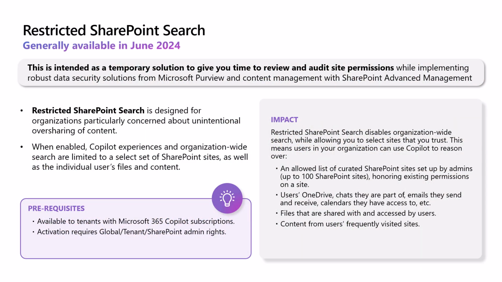So basically what restricted SharePoint search is, you can actually just allow Copilot to access the first 100 very well-used sites. And that setting will help the SharePoint administrator, or above administrator within Microsoft 365, to maintain a specific list of SharePoint sites. And if you have access to it, you'll be having access to it. But if you don't have access to it, both Copilot and non-Copilot users will be affected.